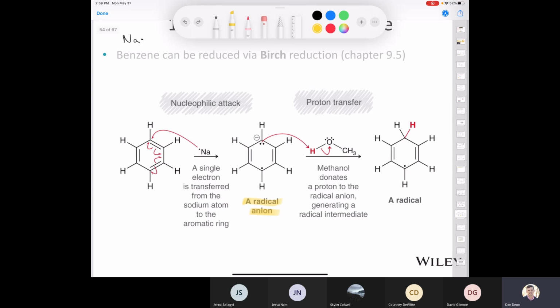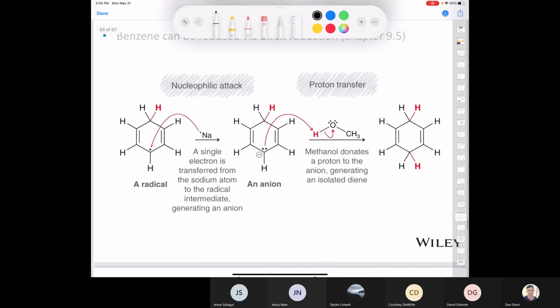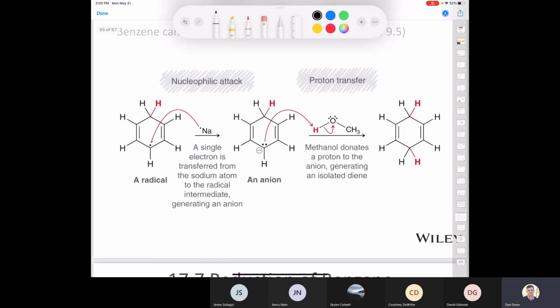Now, if you've got that radical anion, that anion can rip a proton off of a methanol molecule. So now you've added 1 hydrogen to the aromatic ring. Now you've got a radical. You can probably guess what's going to happen next. It's going to react with another atom of sodium. Right? It's going to donate another electron. When it donates another electron, we create now just a plain old anion, and that anion is going to rip a proton off of methanol.